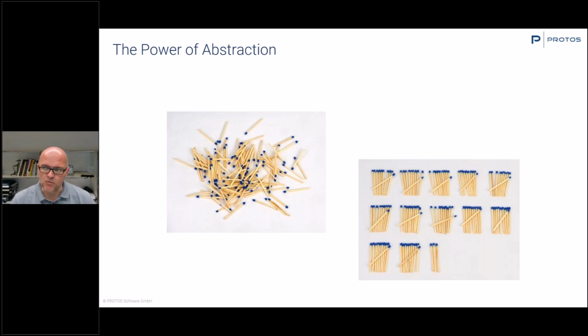And what happened here? We brought in an abstraction. We rearranged the matches, and we left away the free position of the matches. We brought the position of the matches to a certain pattern. By doing that, we created an abstraction exactly for the purpose to count those matches. So that's also a very important thing.